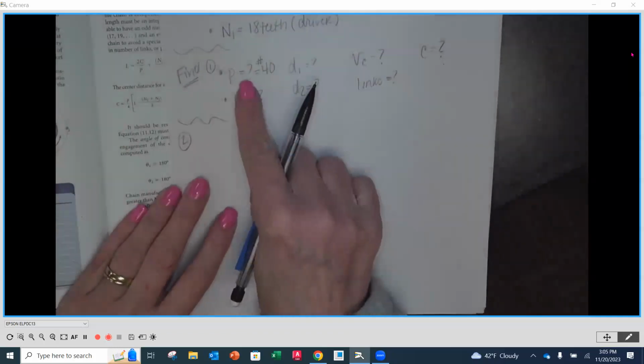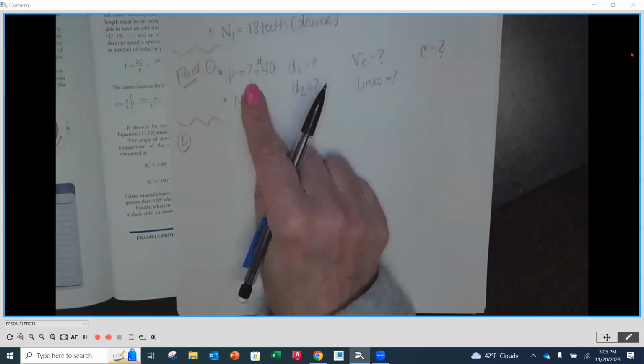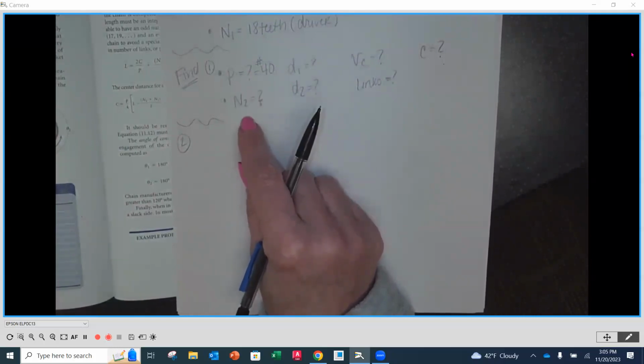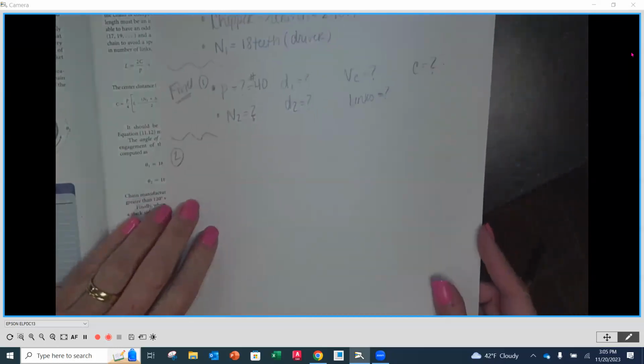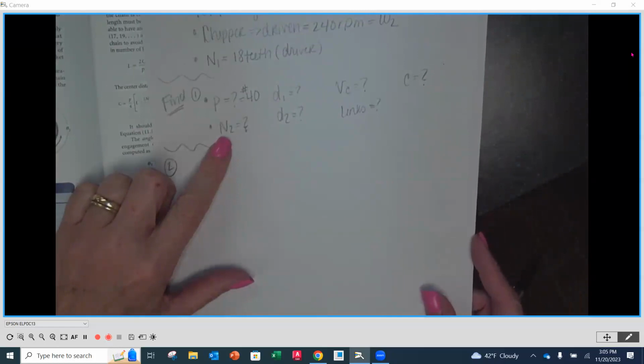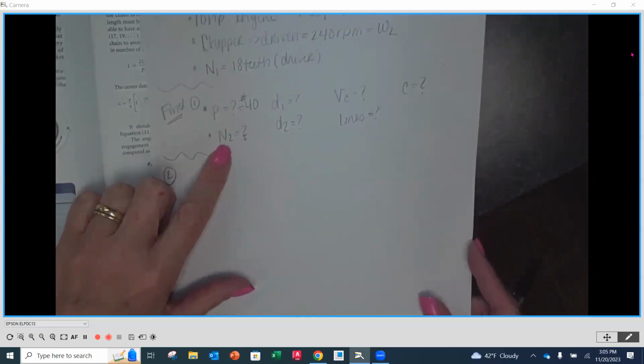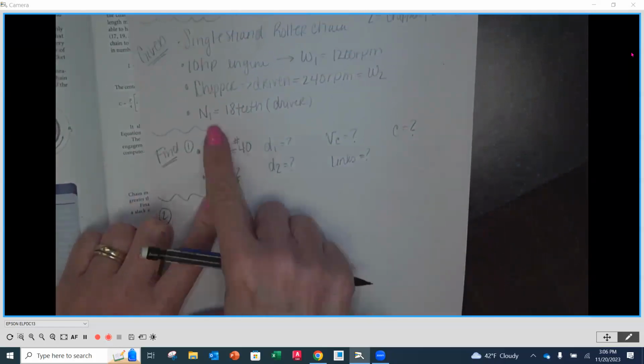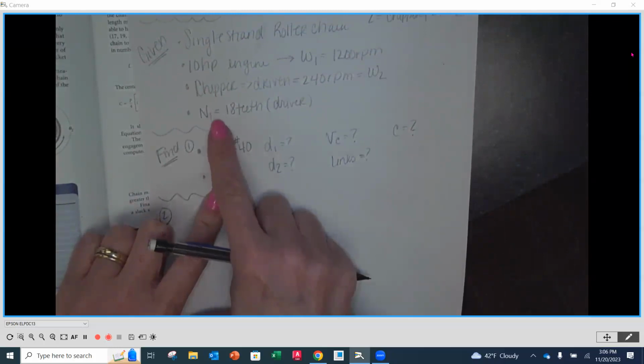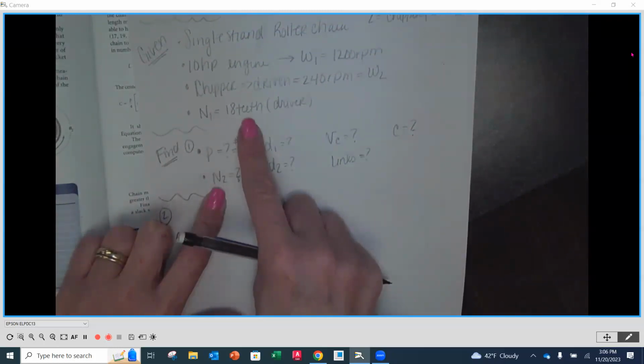So the number of the chain we chose is going to be number 40, going along with what the book had suggested. And now we're ready to look at the number of teeth on our driven sprocket, which is attached to the chipper. Now, what we're given in our problem is the number of teeth on the driver sprocket, which is 18.